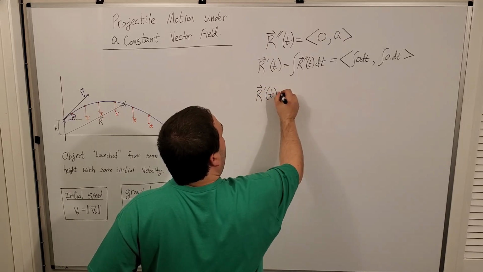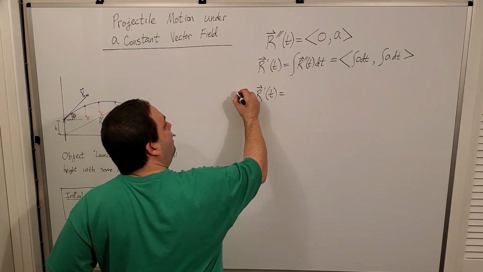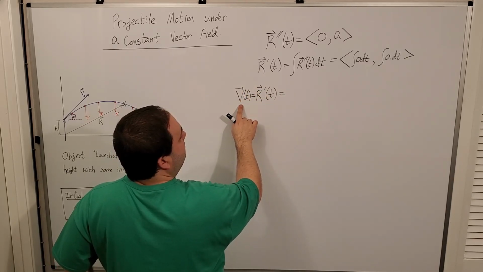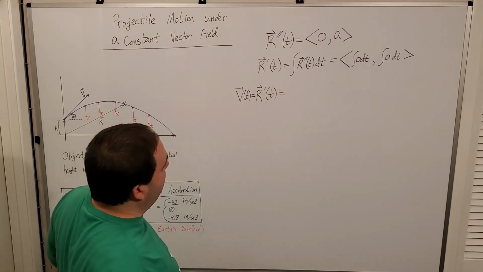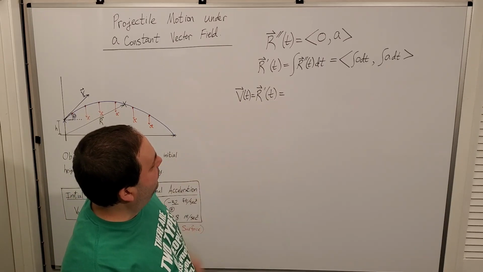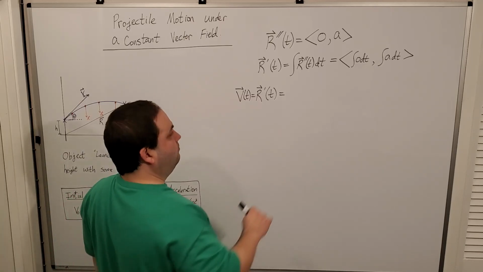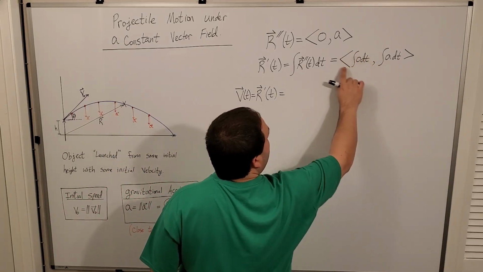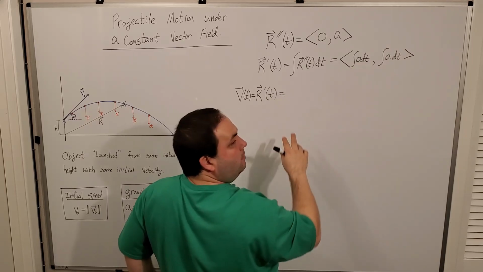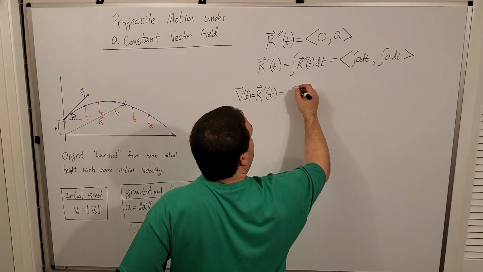So then my velocity vector, my r prime of t, right? We can call that the velocity vector at t. Since we're not calling v anything else here, I'll call this the velocity vector, is the first derivative vector here. And I'm going to be doing this antiderivative here. The antiderivative of 0 is some number, right?